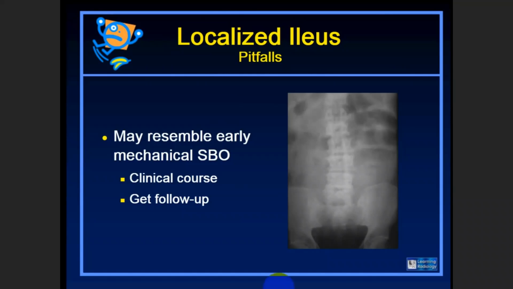In cases of ileus, we have to follow the clinical course and get follow-up for the patient, because the ileus involves part of the small bowel, so it can resemble small bowel obstruction.